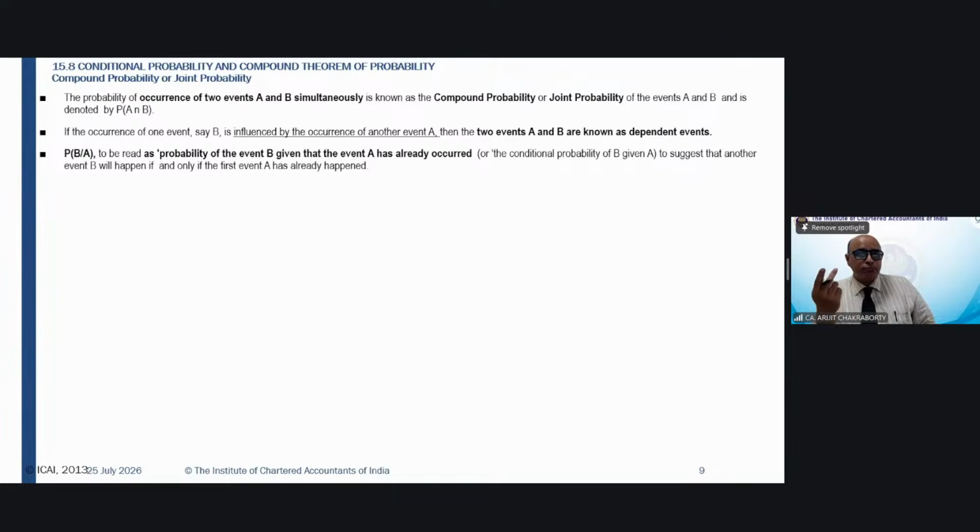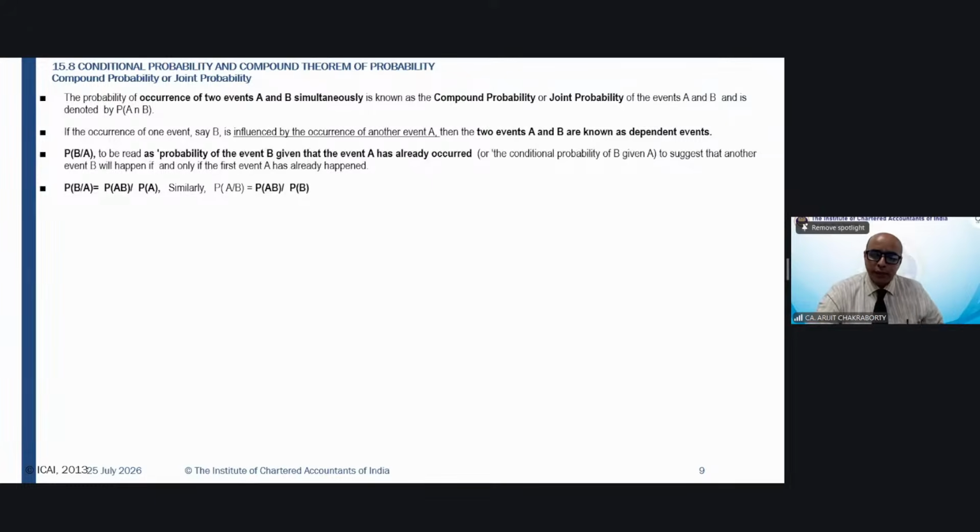In this case, the probability of A into B, that is both of them occurring, a product or a compound probability, the occurrence of both the events, will be denoted by P(A) into P(B/A). So this is called the conditional probability. As you can see, it is given by P(AB) is equal to P(A) multiplied by P(B/A).